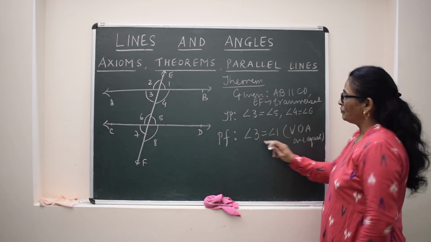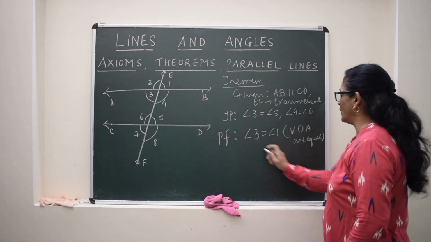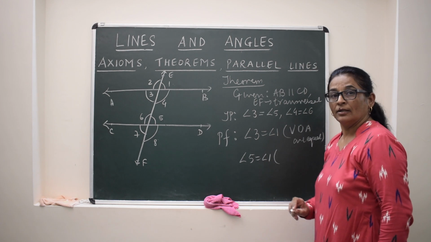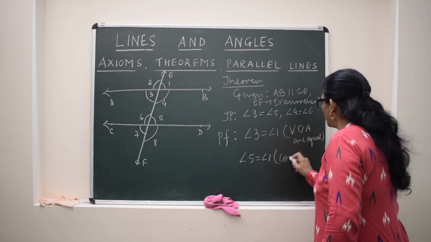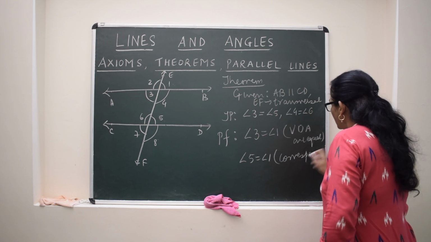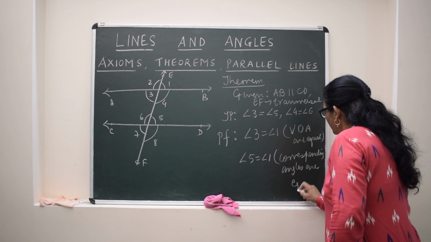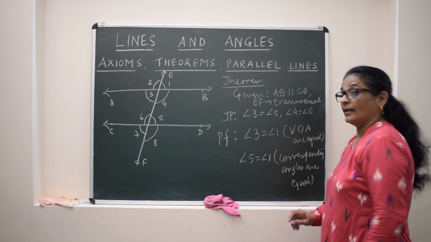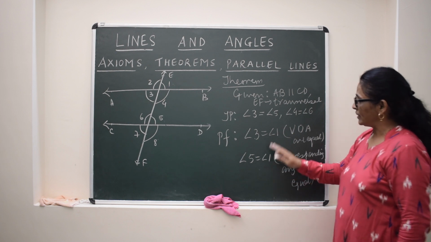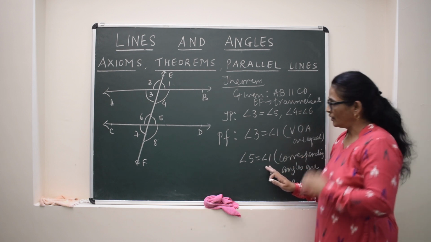Okay. Now, after this we can say angle 5 and angle 1 are equal. The reason is corresponding angles are equal. Now compare this and this. Both the statements, right hand side equal, so left hand side will also be equal.